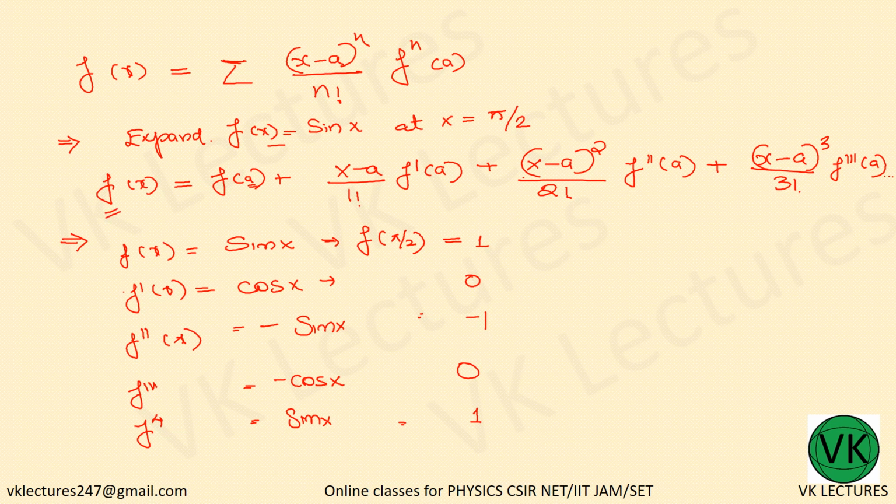So f of x is equal to f of a plus x minus a by 1 factorial into f dash of a plus x minus a whole square by 2 factorial into f double dash of a.